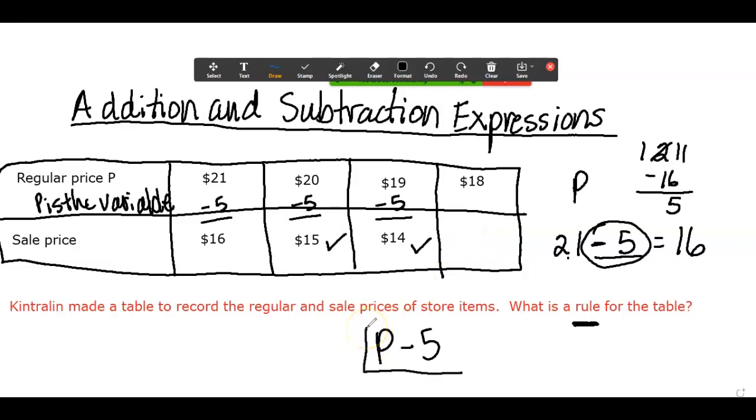So that is my rule, P minus 5. Now, in order to see what the missing part is here, I take the rule and I apply it. So I'm going to subtract 5. 18 minus 5 is 13. So my missing piece is 13.